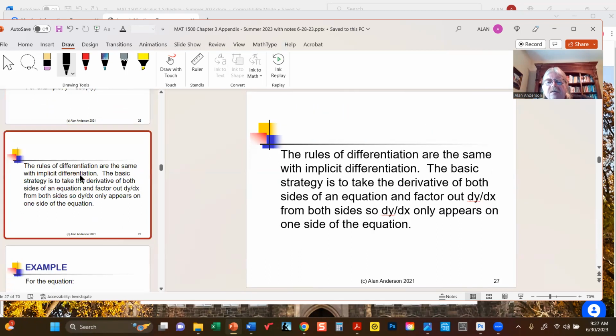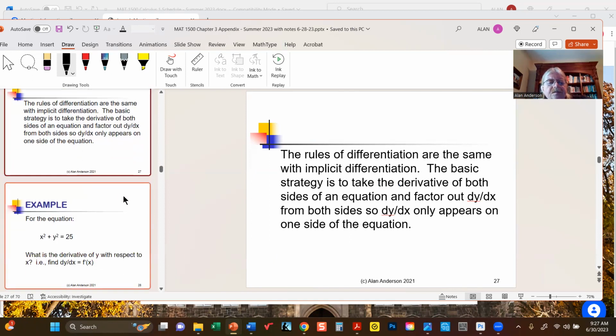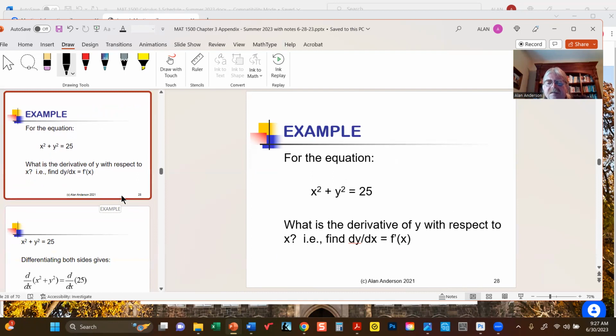So what is this all about? Let's say we have something like this. We need to know the derivative, the usual derivative, dy/dx or f prime of x. So remember that f prime of x is the same thing as dy/dx.